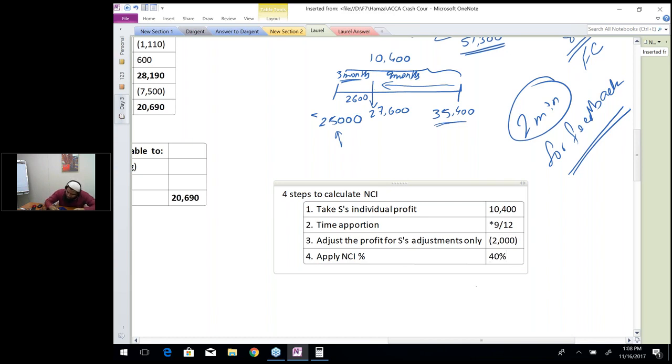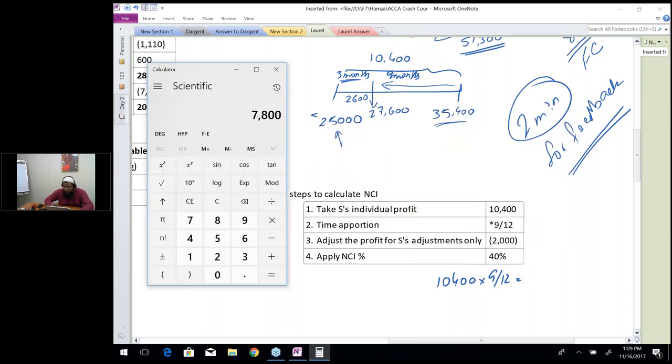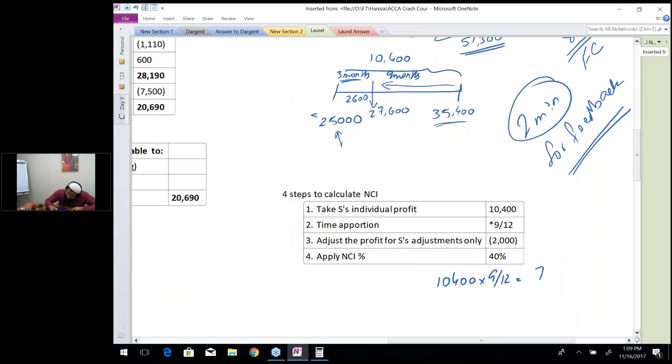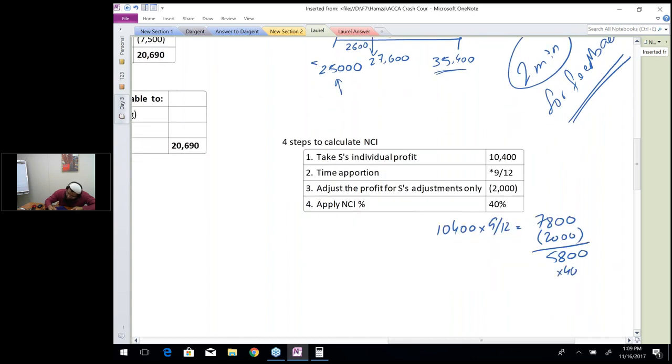So your answer would become 10,400 into 9 by 12, which is 7,800. And then minus 2000, which will become 5,800. And then we are going to take 40% of this.